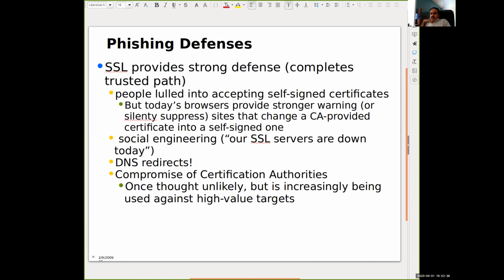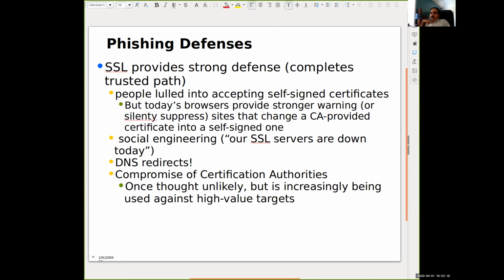A better approach for phishing defense is to rely on SSL, also called TLS. If you have end-to-end encryption, your browser will tell you whether you are logged into the real site, because it gives you clues about whether the site has provided a certificate and what the certificate is from.